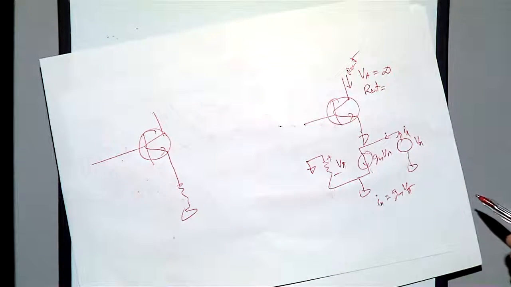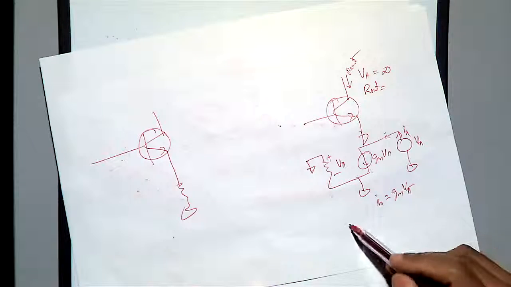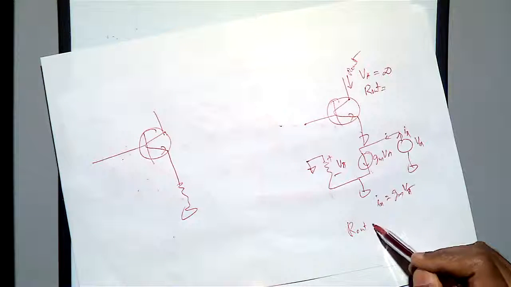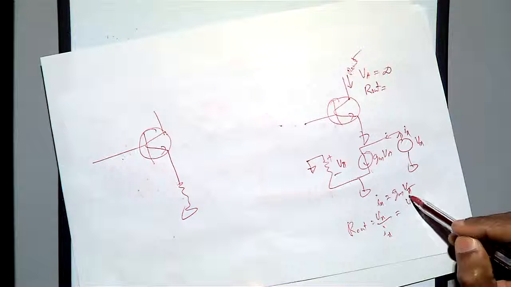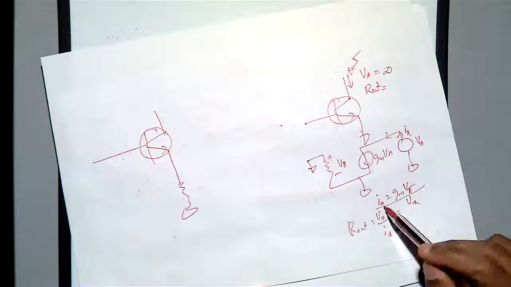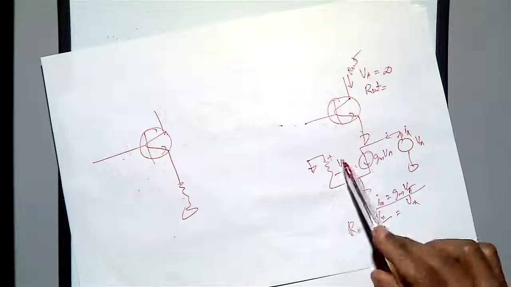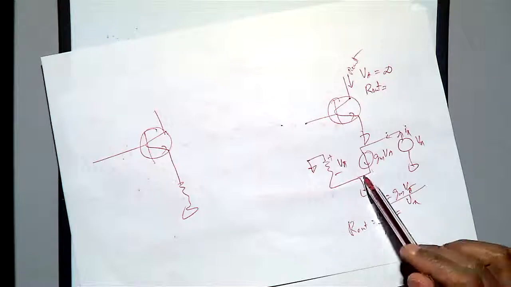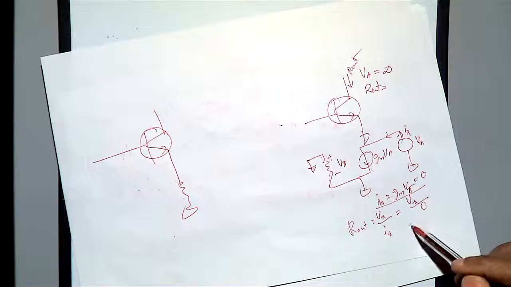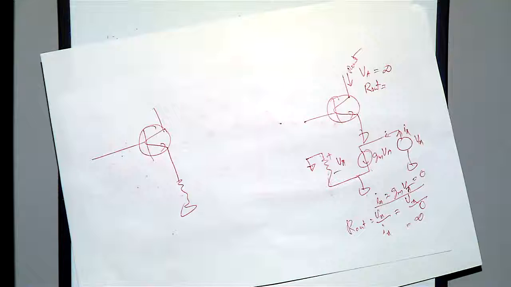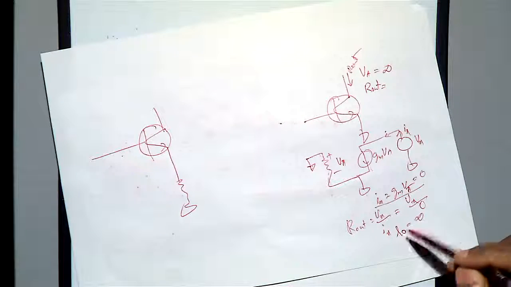Then what is V pi? Output impedance equals Vx by Ix. You already have Vx, then we have to find Ix. So what is V pi? Because this is ground, no current will flow, so that is equal to 0. Then Vx by 0 is equal to infinity. So when you don't take into account the early effect, your output impedance equals infinity.